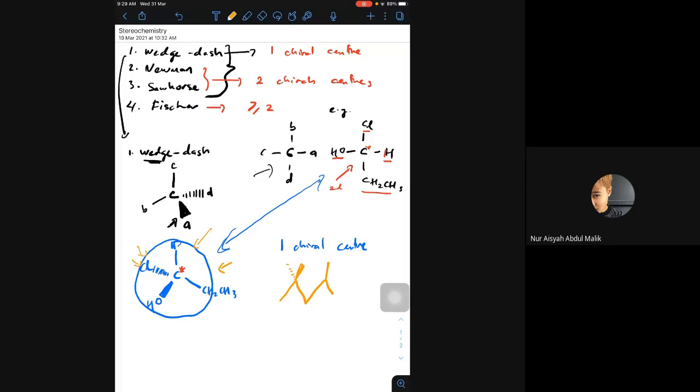But then again, normally even if there is hydrogen, they will show hydrogen, even if it is CH3. What if the group is hydrogen? If it is like this, then you can consider it to be a methyl group.